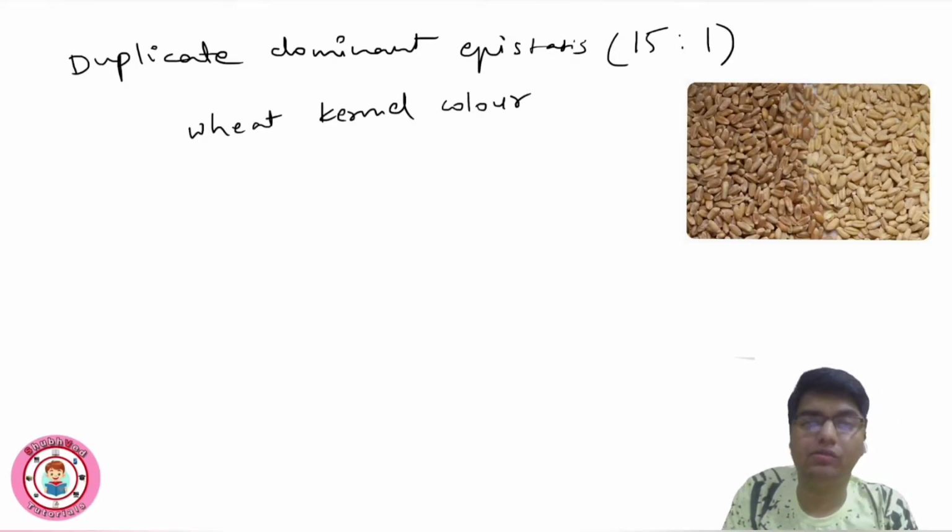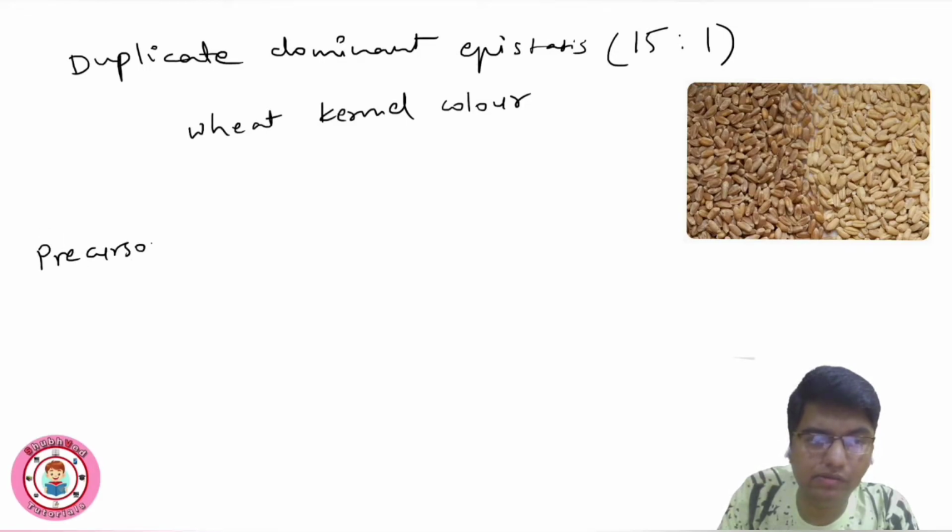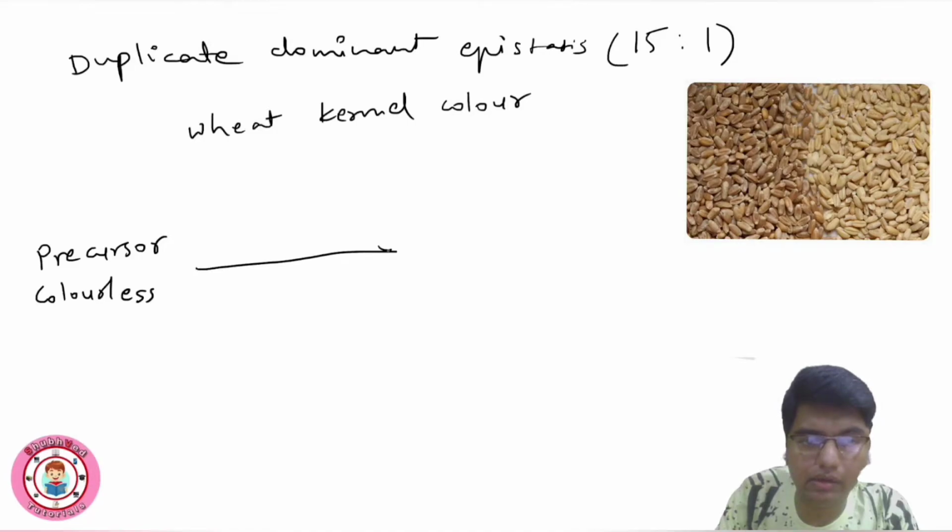In this, the pathway is the same. Here is a precursor which is colorless, and the precursor goes to colored.